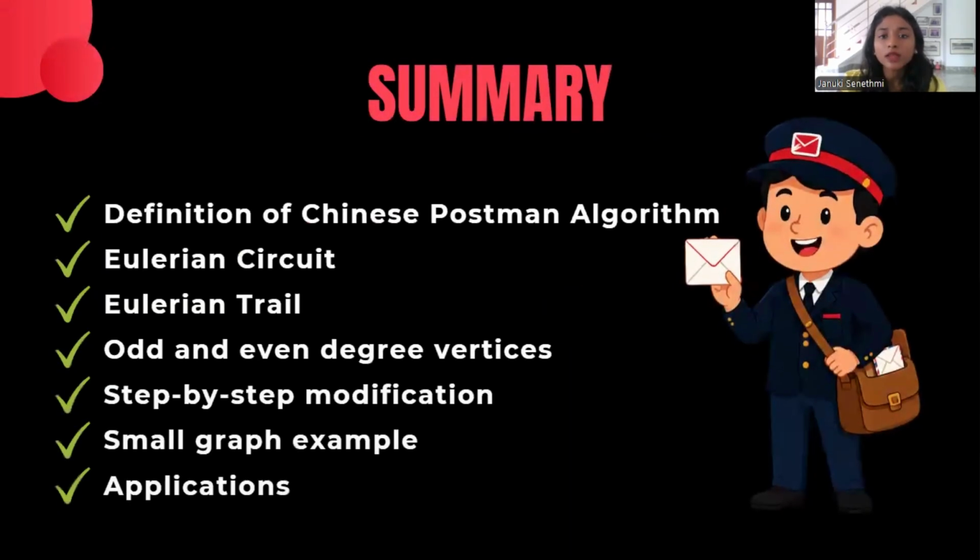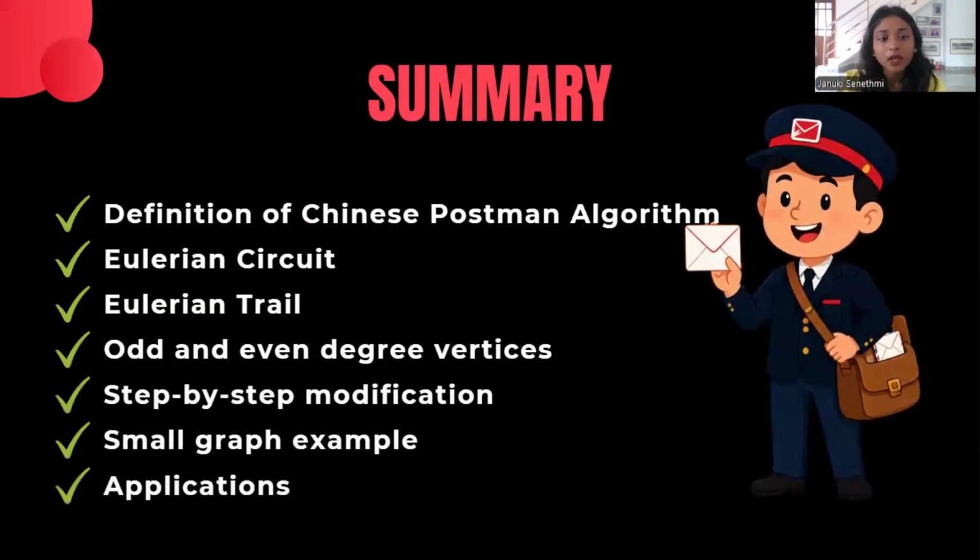Let's quickly summarize what we learned today. We learned what the Chinese Postman algorithm is and why it is useful. We understood the differences between an Eulerian circuit and an Eulerian trail. We learned why odd-degree vertices prevent a graph from being Eulerian.